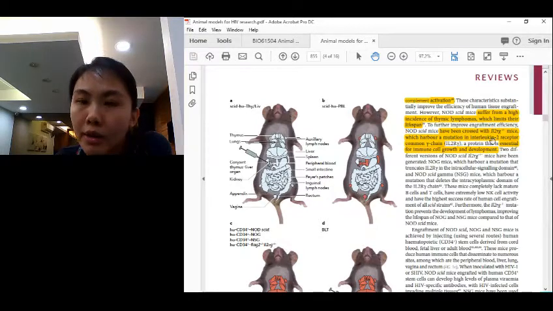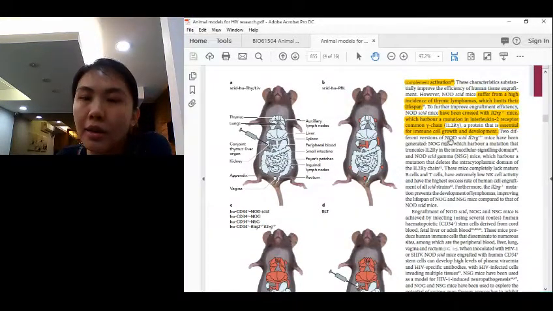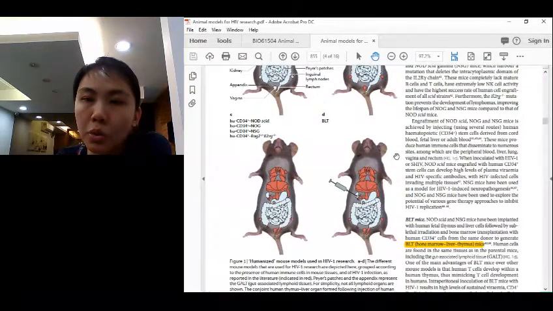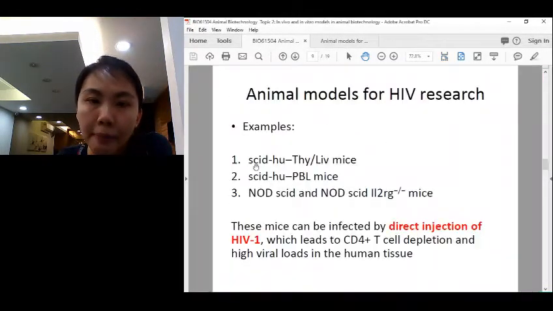So by crossing these mice, you have these long-named mice, which are used for HIV research. What they do with these mice is that they are eventually infected by direct injection of the HIV virus into the mouse, which leads to CD4 T cell depletion.